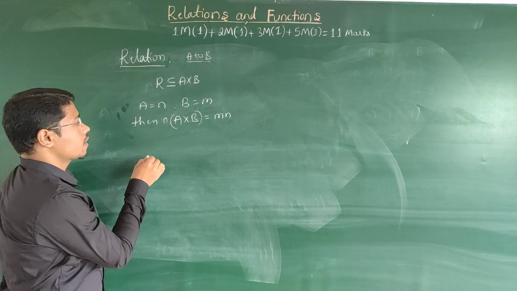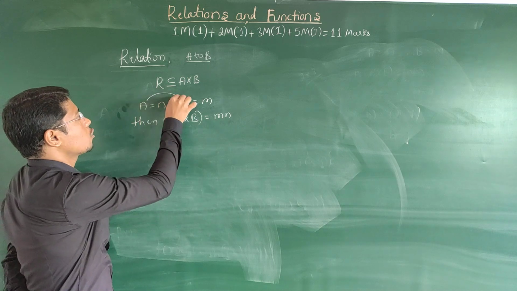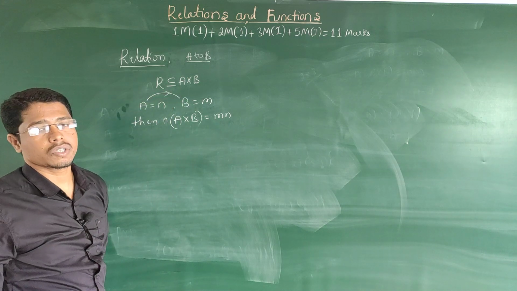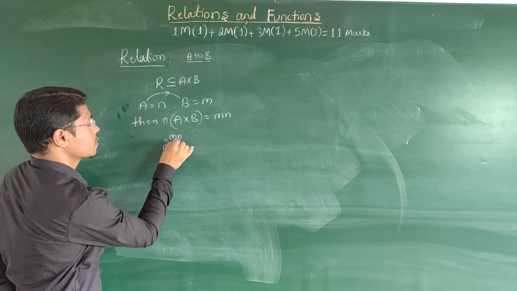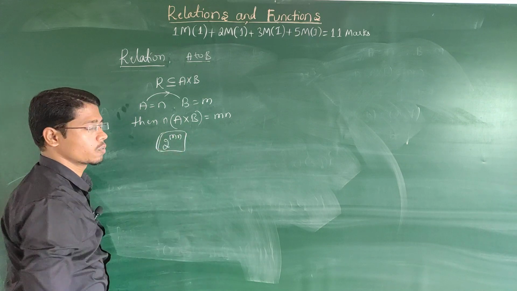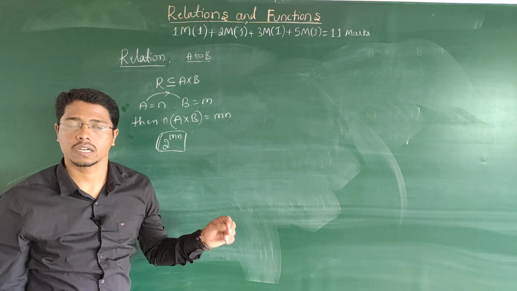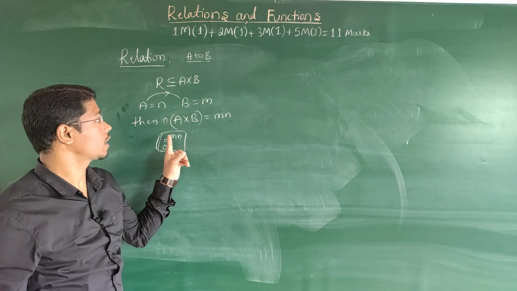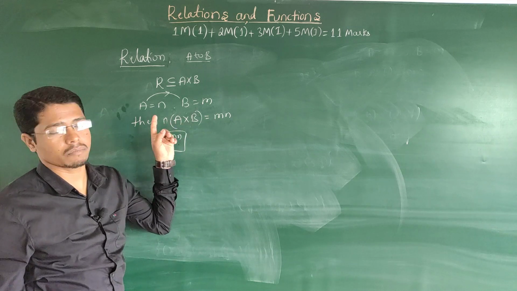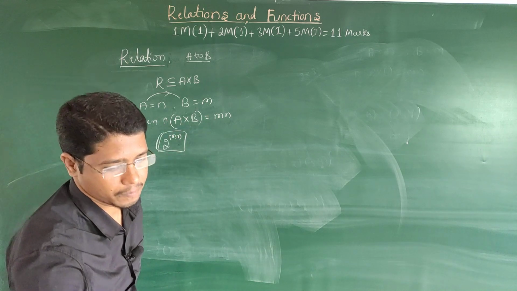Okay, so then the number of relations from A to B is 2 to the power mn. A very important one. So the number of relations from the set A to B is 2 to the power mn, where m is the number of elements in B and n is the number of elements in set A.